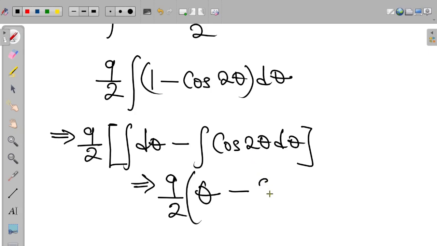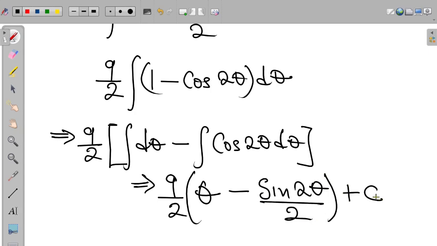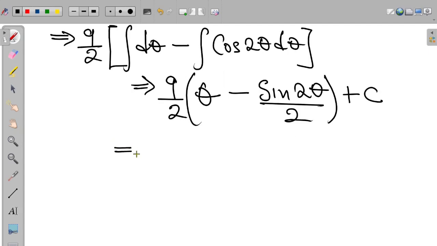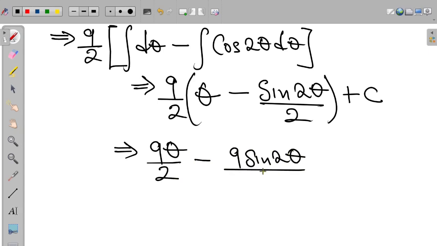So we have that this is sine 2 theta divided by 2 plus c, which is our integration constant. So therefore, this becomes 9 multiplied by theta divided by 2 minus 9 sine 2 theta divided by 4 plus c.